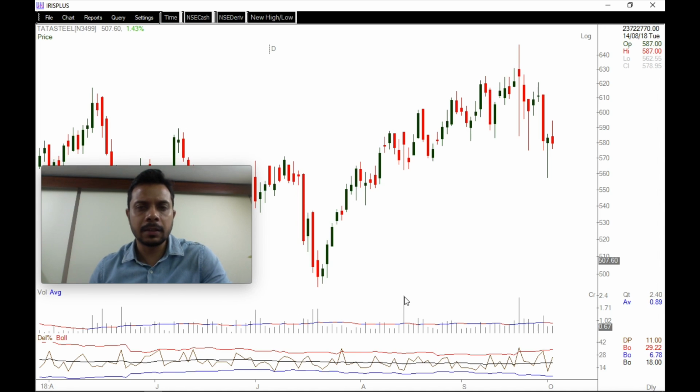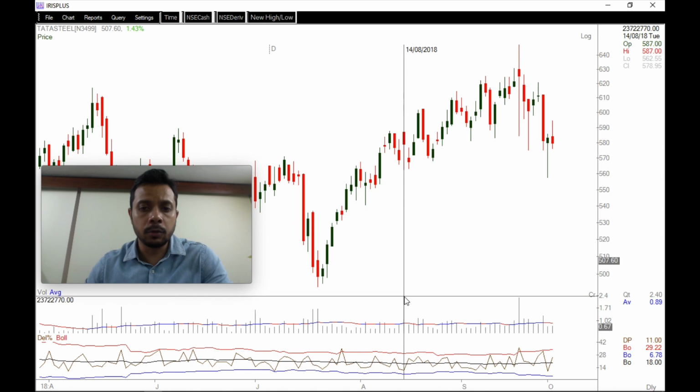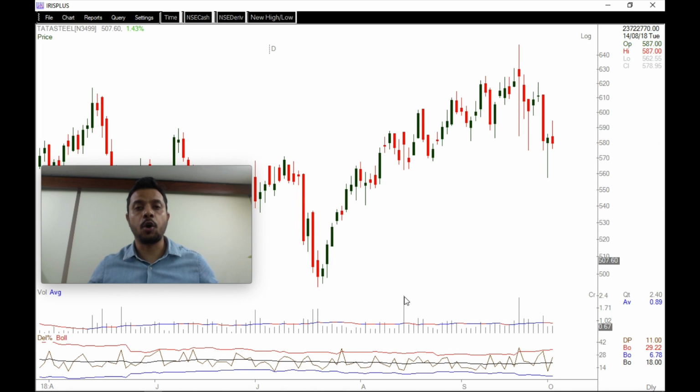Need not be the case when you actually implement in the practical world. Higher the volumes can mean, and when you combine it with delivery percentage, you see 11% delivery percentage. So the rest of it is all speculation. So pure, simple, only absolute volumes may not always give you the clear, true picture.